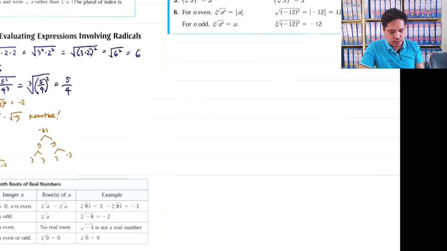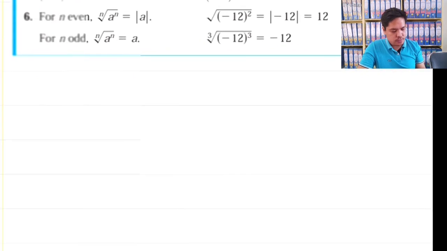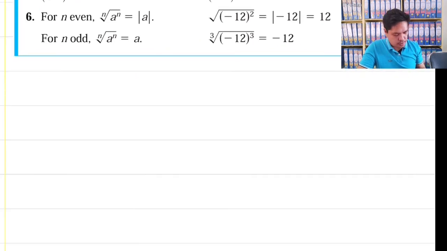Okay? So, let's look for some illustrative problems. Let's use the properties of radicals to solve these problems.